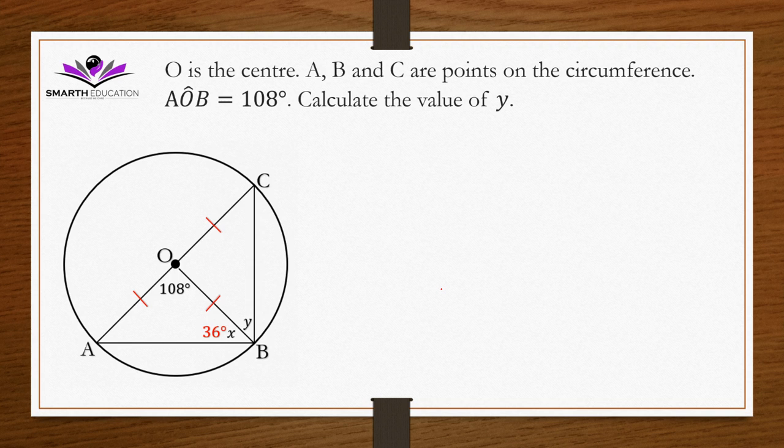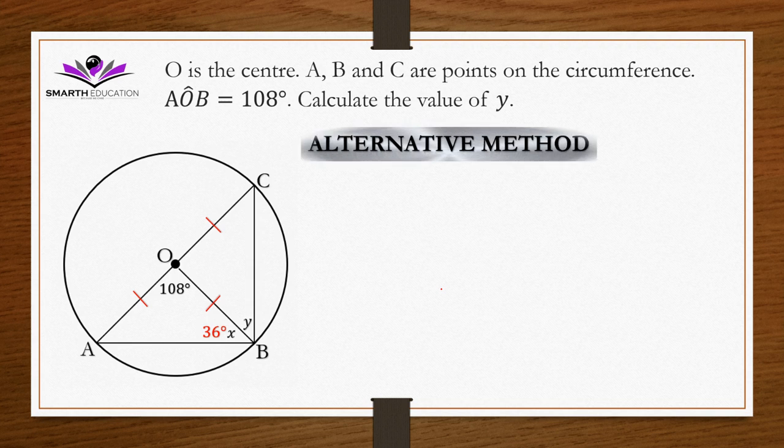So now someone could have recognized that AC is a straight line, meaning that angle AOB and angle BOC are adjacent angles on a straight line. Adjacent means next to each other, isn't it?